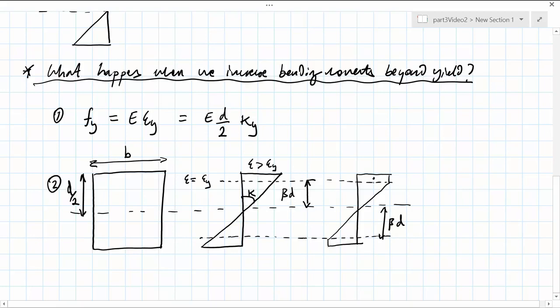At the centroids of these 2 stress areas we can indicate the forces F1 and F2.